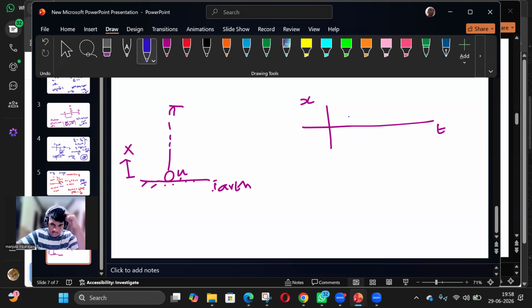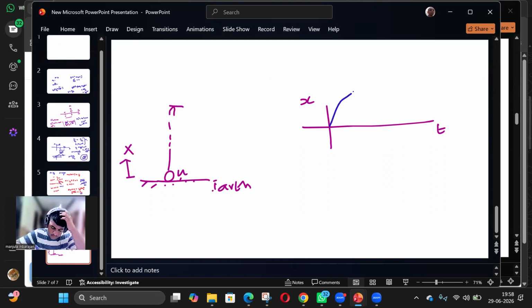Got the answer? Almost. So until it reaches the maximum height, it will look like this.